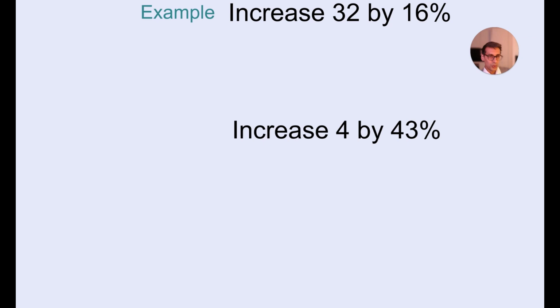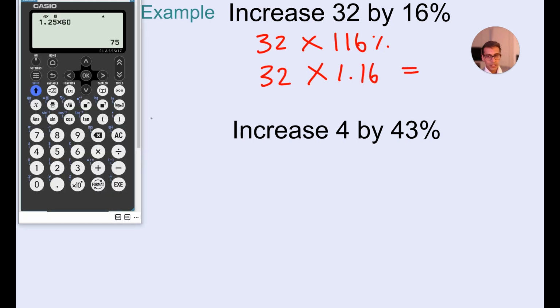Okay, here's two examples before you do the exercise. So increase 32 by 16%. So 32 times, now 100% plus 16% is 116%, which is the same as 32 times 1.16. That goes in your calculator.